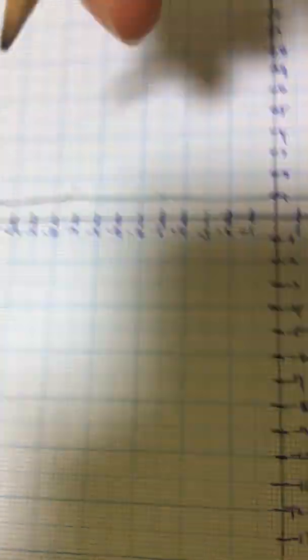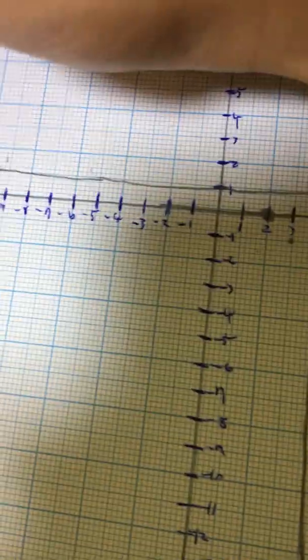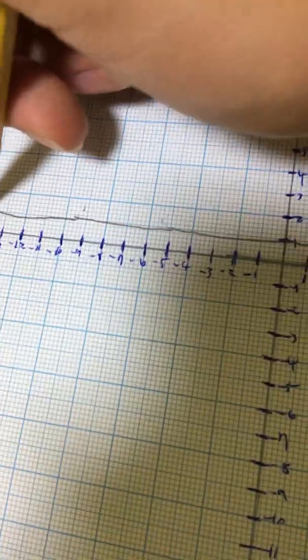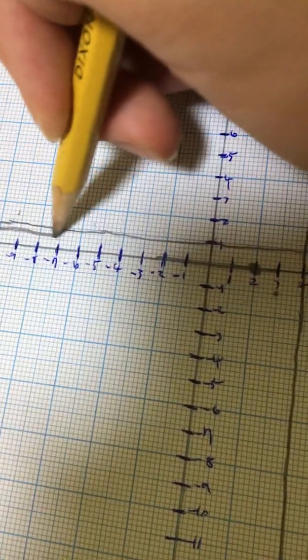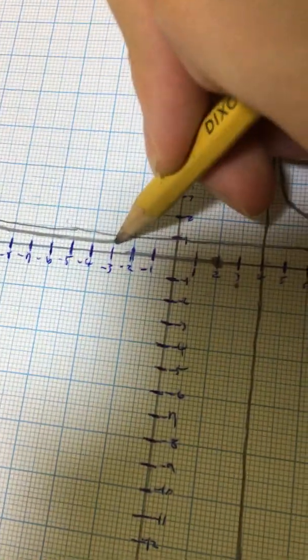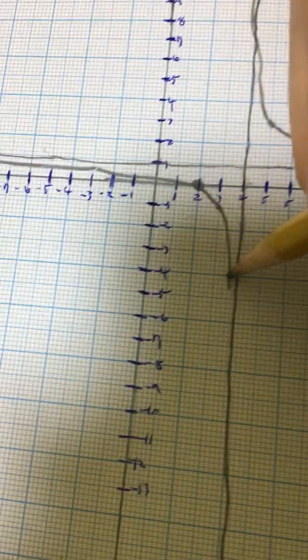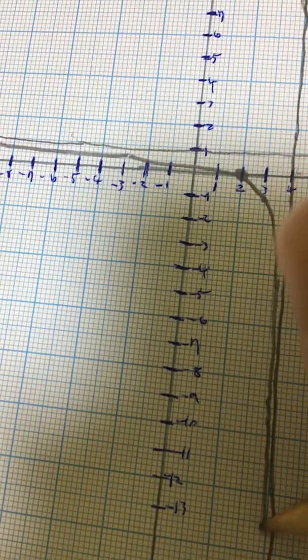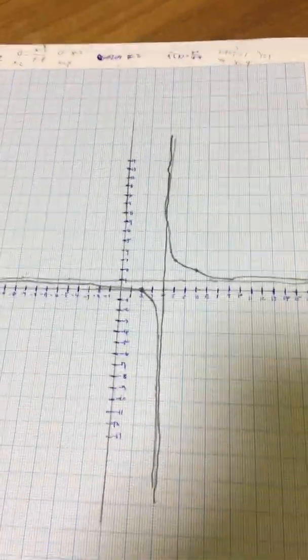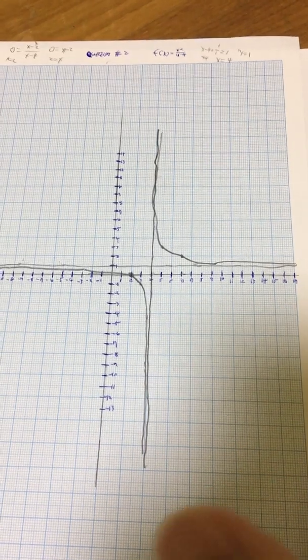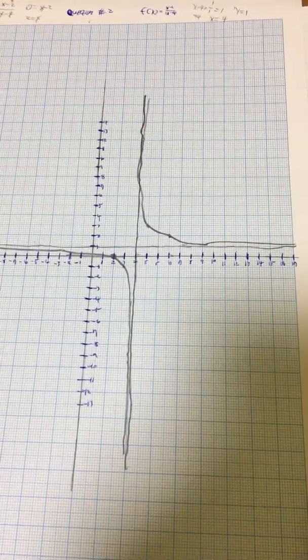Same for this side too. You just keep going along the line, but don't actually touch it. Connect the points and keep going until the graph ends. Just don't keep the points. And this graph would look something like this.